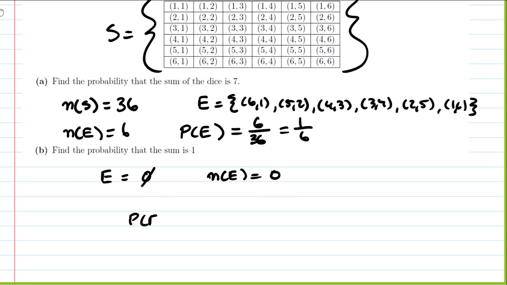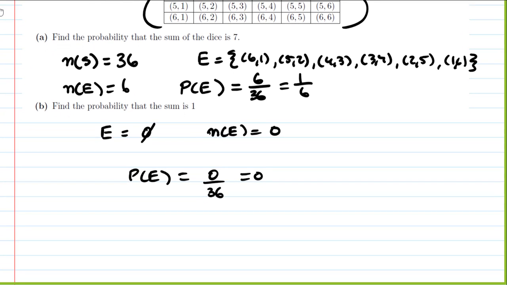So then the probability of E is 0 divided by 36, which is 0. So this is an impossible event. It is not possible to take 2 dice and roll them and have the sum add up to 1.